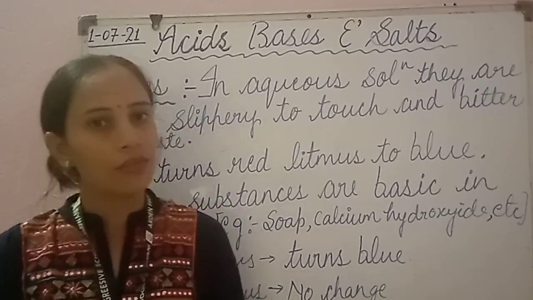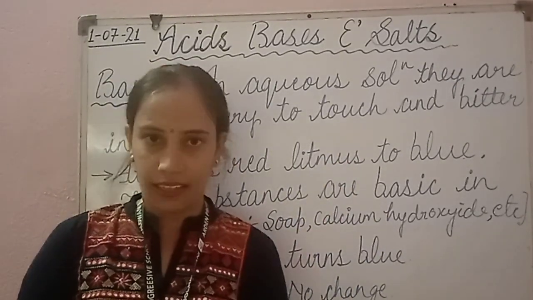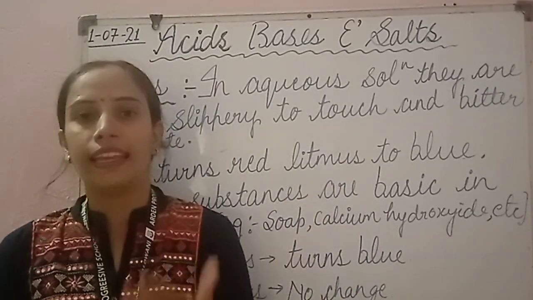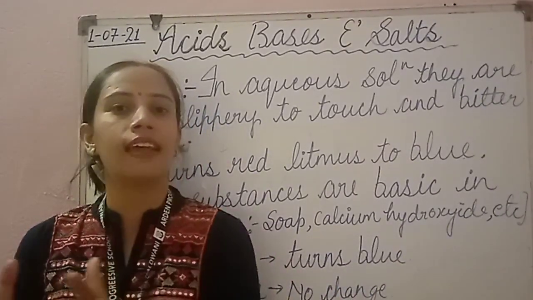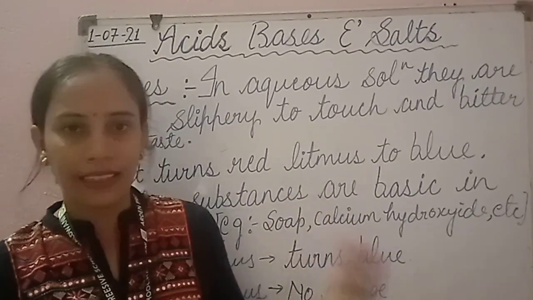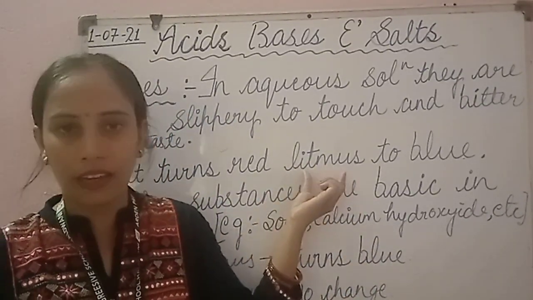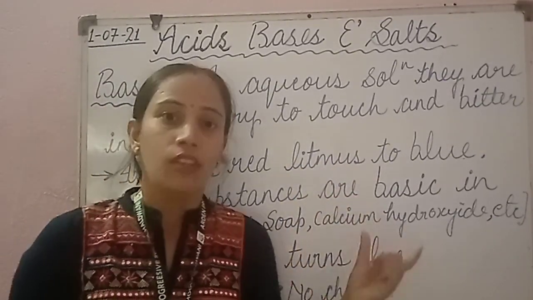Clear, student? We obtain litmus from lichens. As I have told you, lichens are the association of fungus and algal component. From the lichens, the natural indicator litmus is made. Clear?